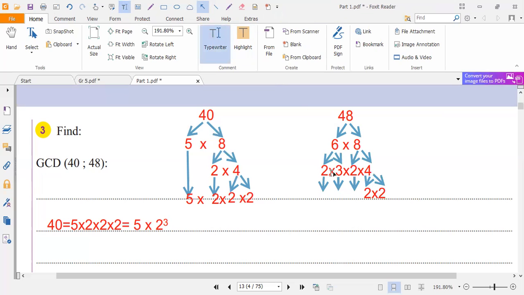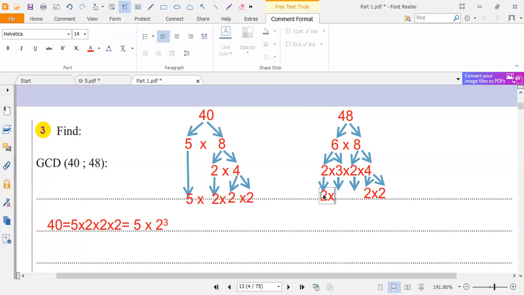So we write 2 and 3 down. 2 times 3 times 2 times 2. Now we can write 48 as, sorry, here we have 3, 2 times 3 times 2 times 2 times 2.